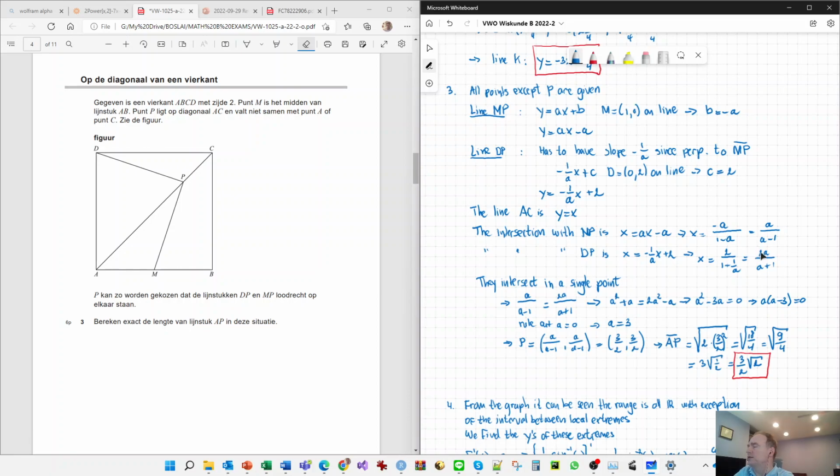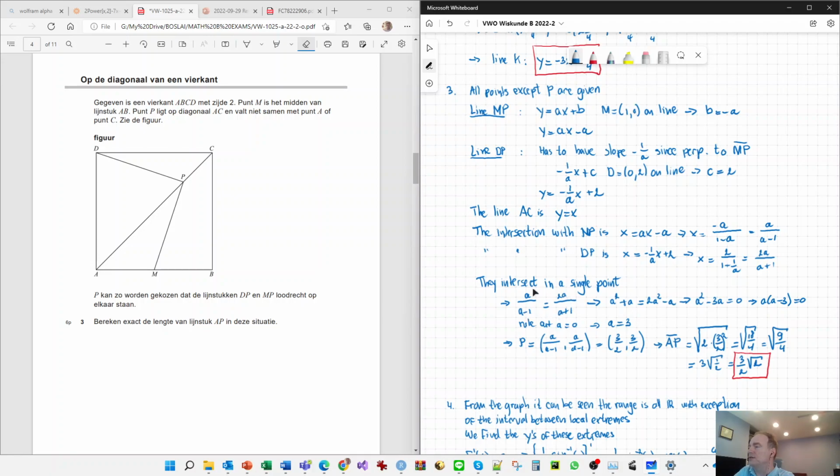Multiply the numerator and denominator by a, then you get 2a over a plus 1. So we found the x in one case is this one, in the other case is this one, but they have to be the same. They have to intersect at a single point.